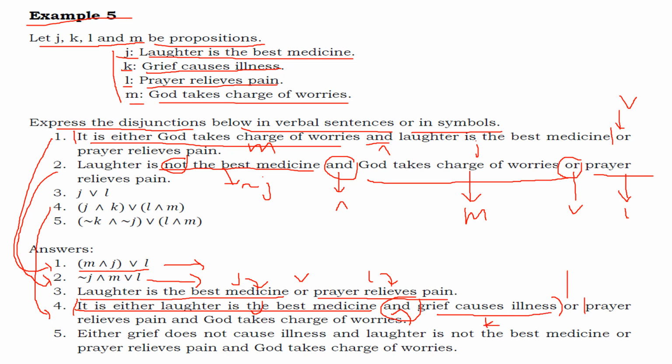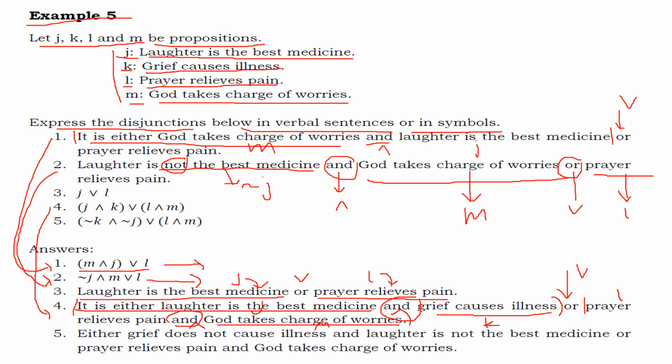Then this or will represent your disjunction. Prayer relieves pain, and that will be your original proposition L. And there is an N again for your conjunction. God takes charge of worries, so that will be your original proposition M. So that's how we combine two or more propositions using logical operators, and we express this in verbal sentences, in words, or in symbols.